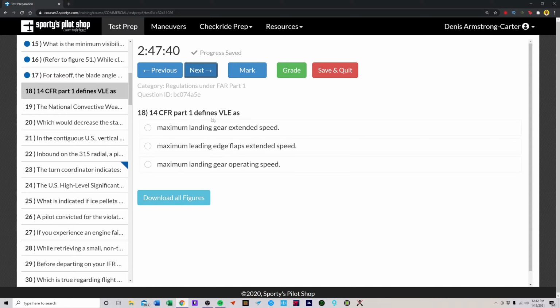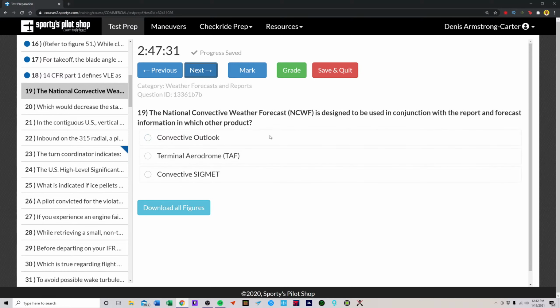So CFR defines landing gear extended. The National NCWF is designed to be forecast information in which it is a convective weather. It's a convective outlook, guys.